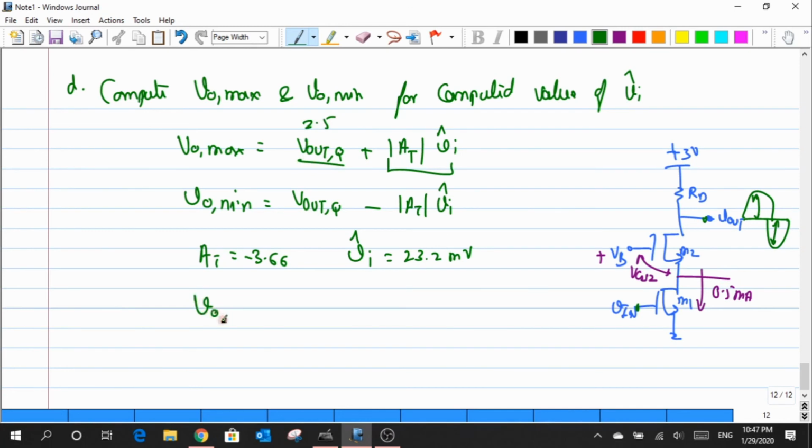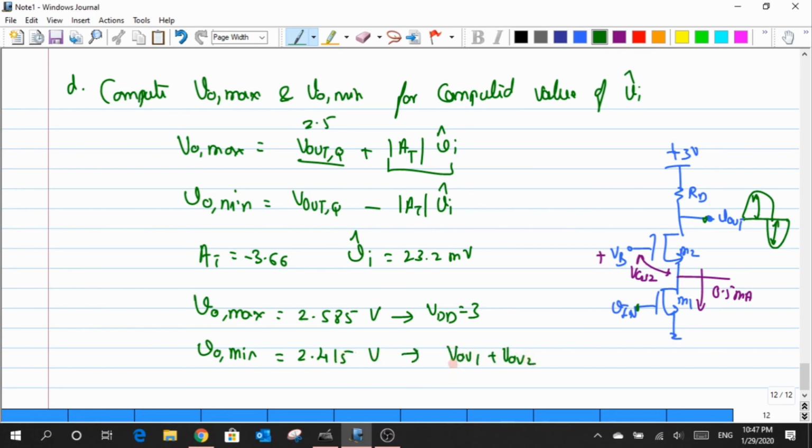Now when I plug in all of these quantities, I would get a maximum value of V out equal to just 2.585. It is not equal to VDD, which is supposed to be 3 volt. Also, when I compute the value of V out minimum for the given Vi hat, it turns out to be just 2.415 volt, and this quantity is not equal to VOV1 plus VOV2.